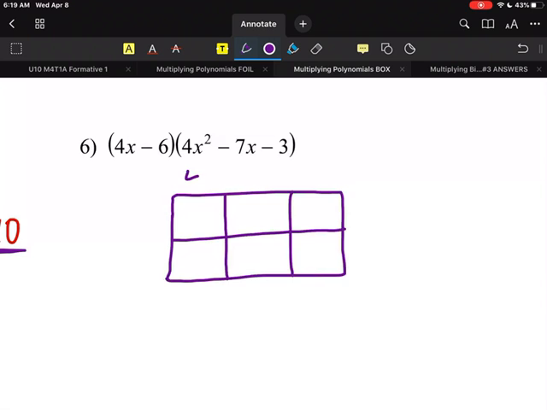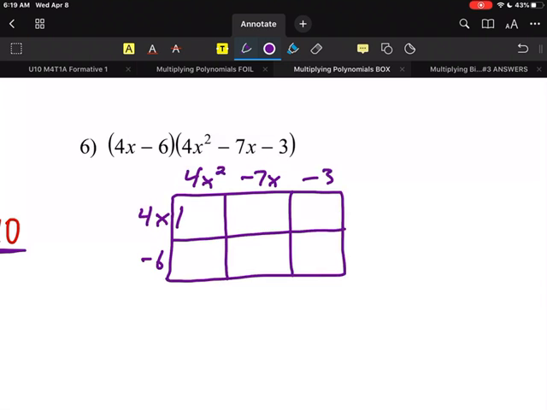Put the 3-term trinomial up here, 4x squared minus 7x minus 3. Put the 2-term over here, 4x in the first row, negative 6 in the second row, and you just match up the rows, match up the numbers. So this first upper left box is these 2 numbers.